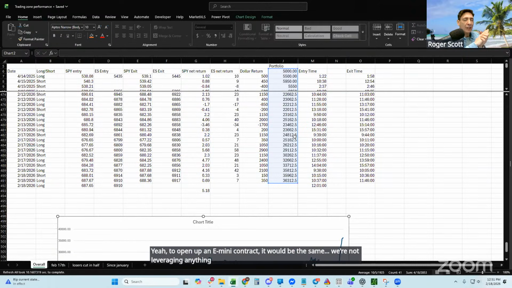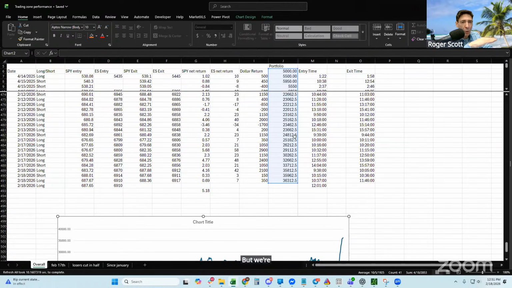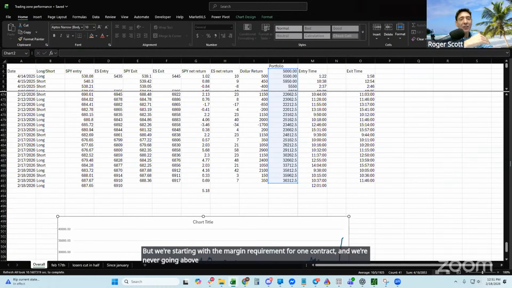If we said we're starting with $500 and we have 37.5, that's leveraging. But we're starting with the margin requirement for one contract, and we're never going above that. So we're always just staying with one contract, or one share.